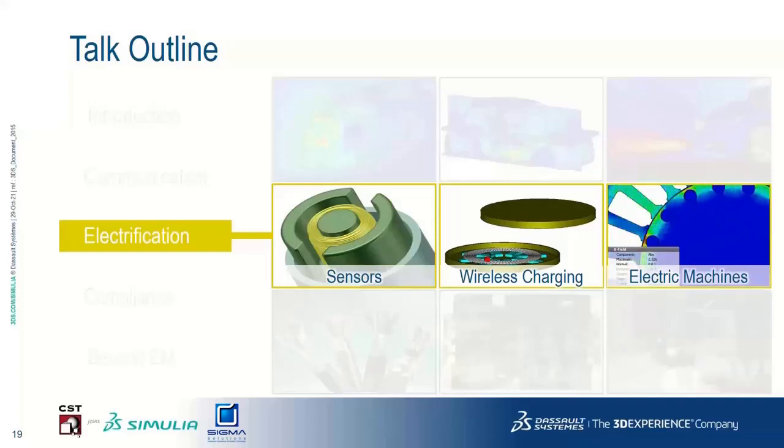So all those systems, again, introduce some problems themselves. And yeah, we need to simulate them as a whole. So more and more sensors nowadays in cars. With electric vehicles, we might start to see wireless charging systems. And of course, there are electric motors.